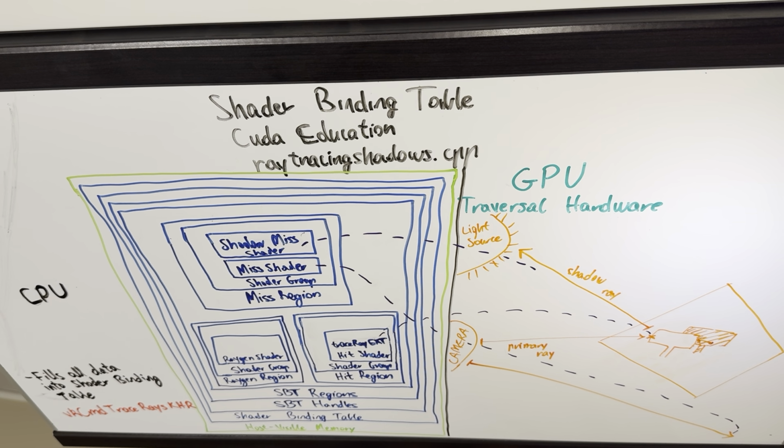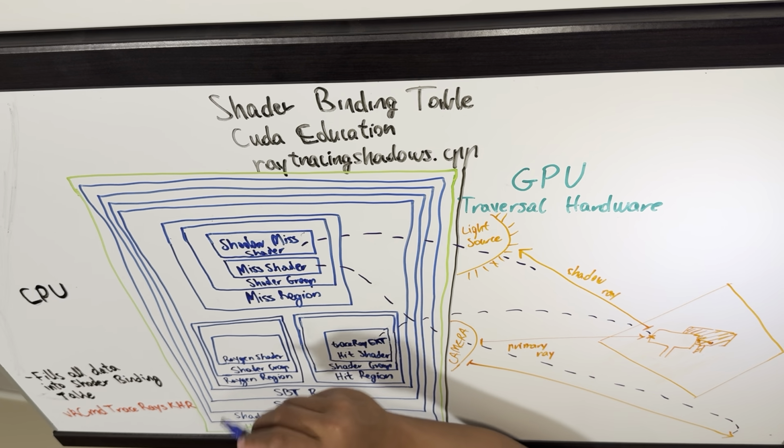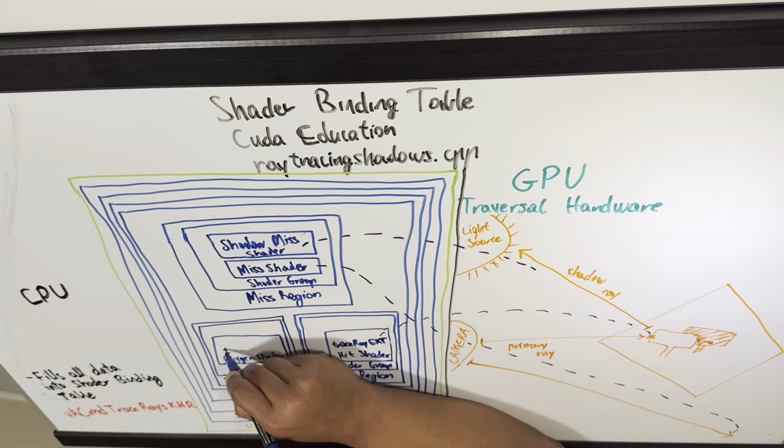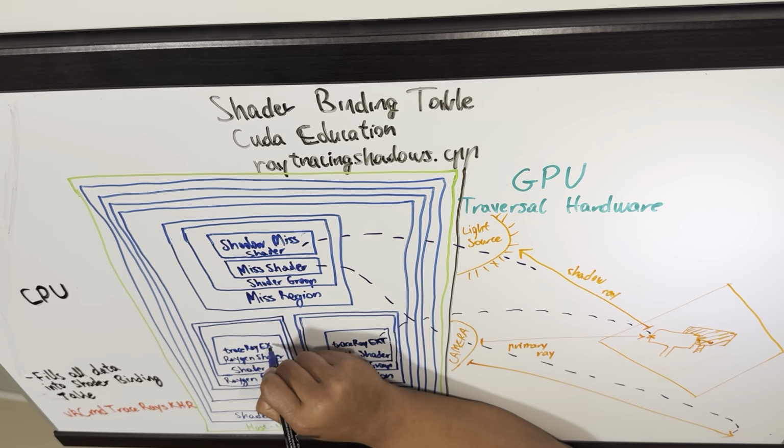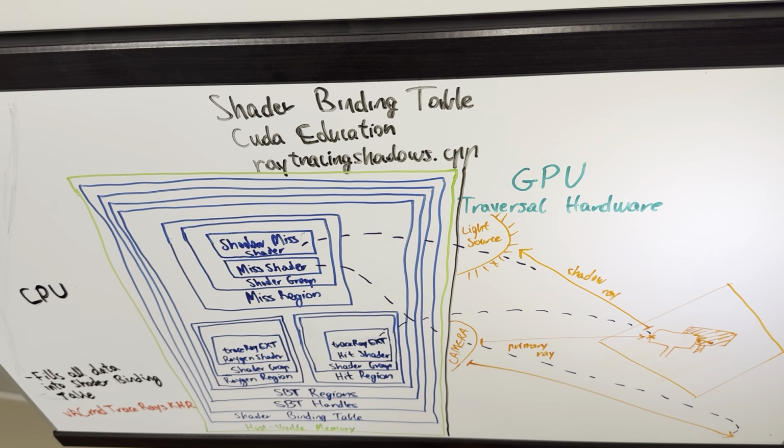The ray generation is actually ray generation. We are generating rays. These two are rays, so this is also trace ray EXT. We're generating rays here and here.